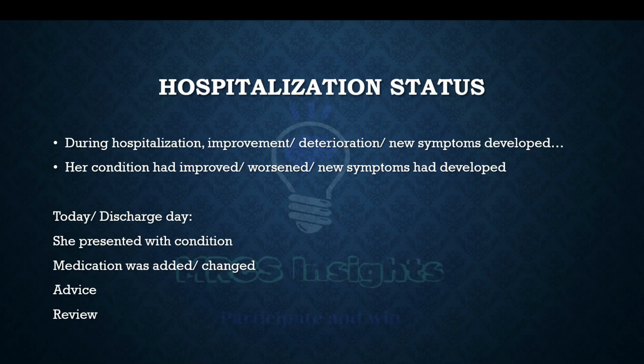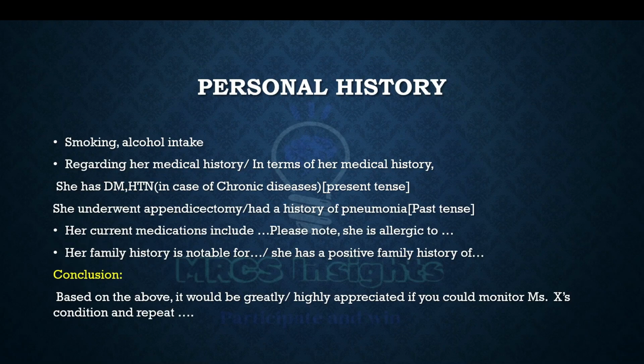Write about any other advice or mention if any review was scheduled. You can write it in either past form or in present perfect tense, but please make sure to follow the tense throughout the paragraph. Regarding the personal history, write whether the patient is a smoker or alcohol drinker or not.